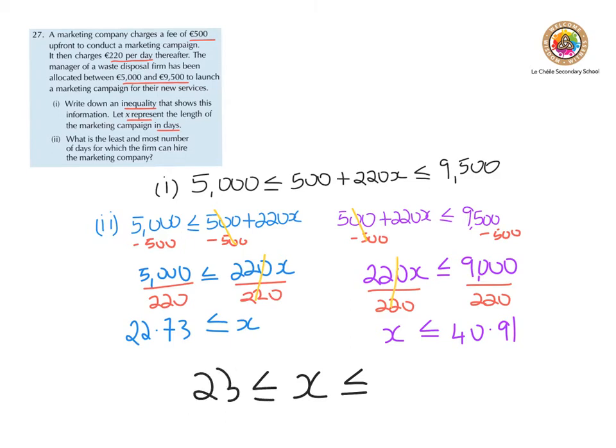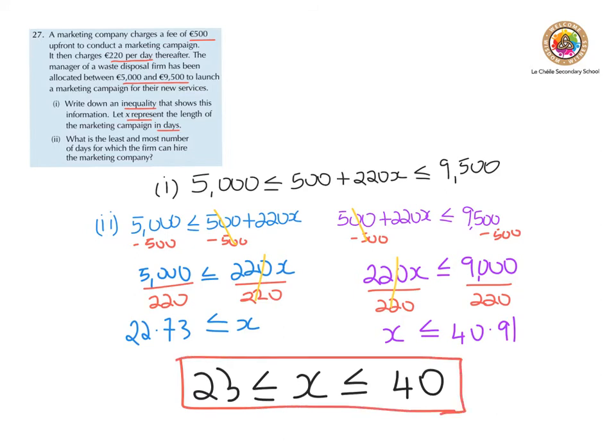Okay, and the nearest whole number that's less than or equal to 40.91, well, that's 40. So that's the least and most number of days for which the firm can hire the marketing company. So between 23 and 40 days.